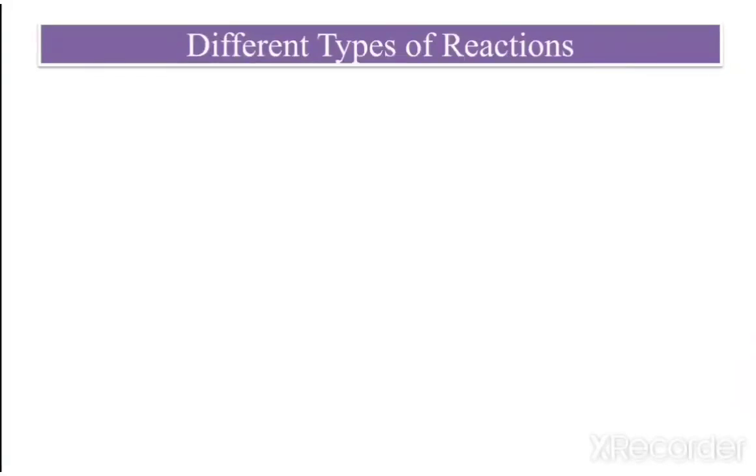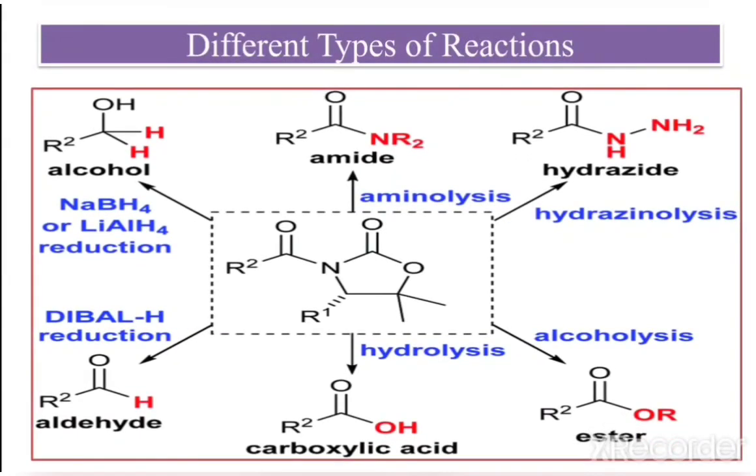Okay, this is the second part of chiral auxiliaries. Different types of reactions are involved. This is the chiral auxiliary. Here the chiral auxiliary on treatment with NaBH4 or lithium aluminum hydride undergoes reduction, and we get alcohol here. Now ammonolysis, we get the amide.